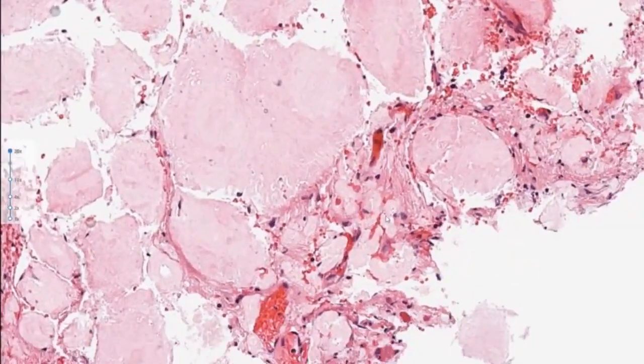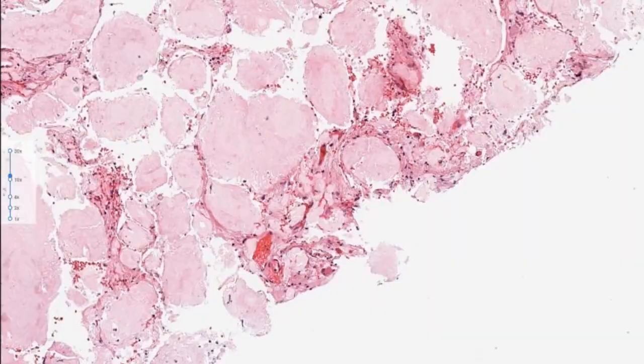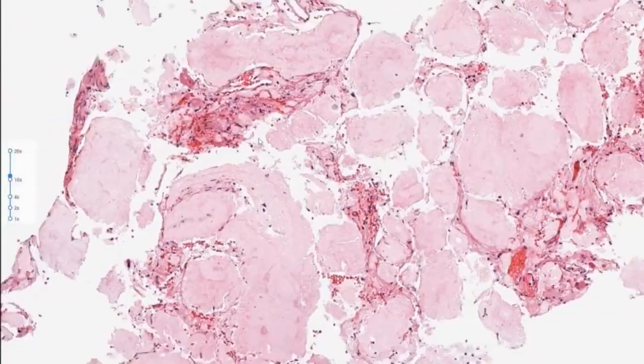You know you're in brain. That's the main thing to know. You can see here that you have brain parenchyma surrounding these pink blobs.